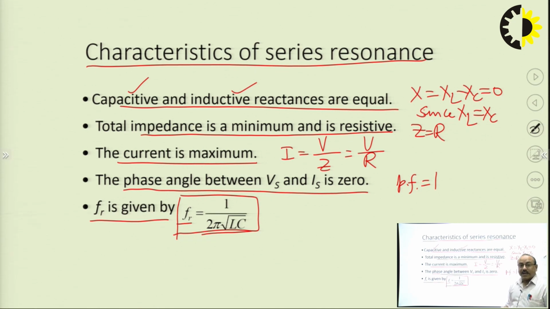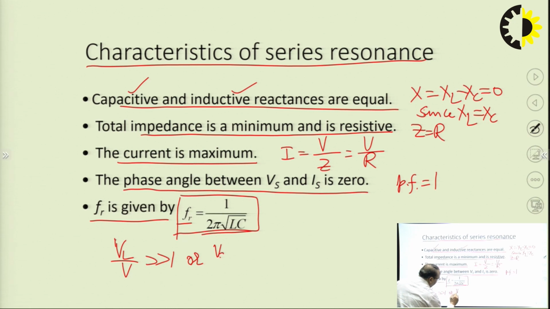Another important thing in series resonance is that it is also known as voltage resonance. Reason being, the voltage across L or voltage across C is more than supply voltage, or mathematically we can write VL upon V is more than 1, or VC upon V is more than 1.